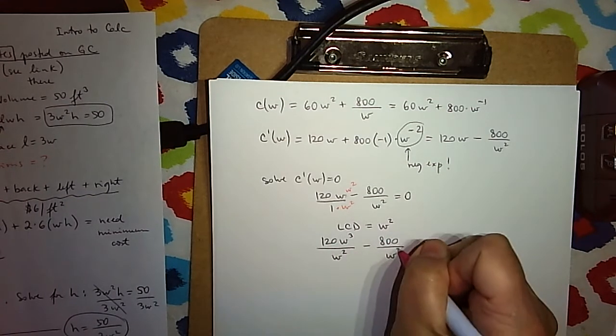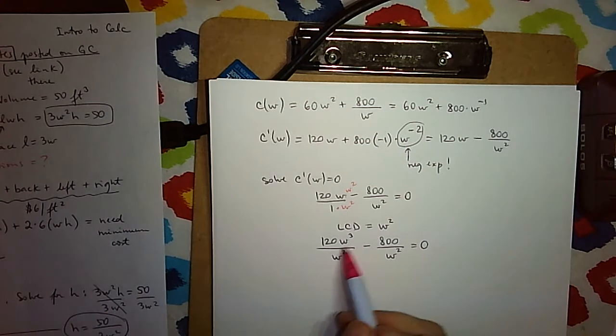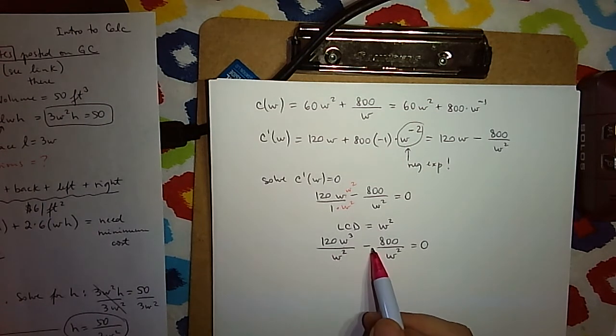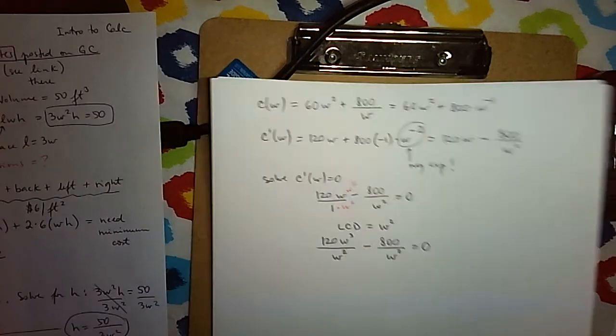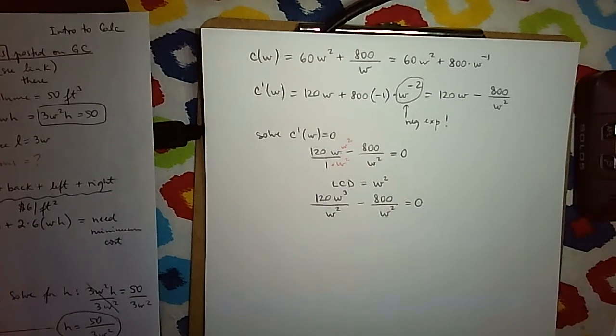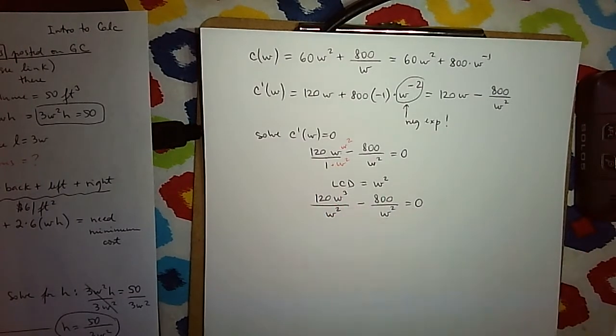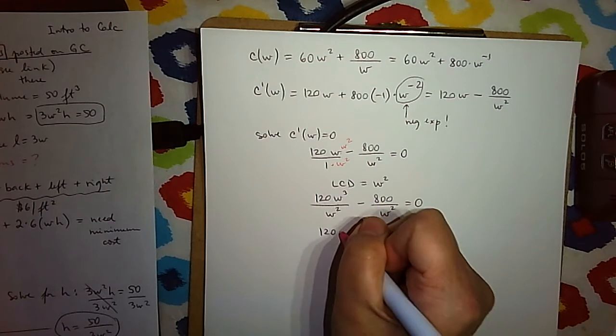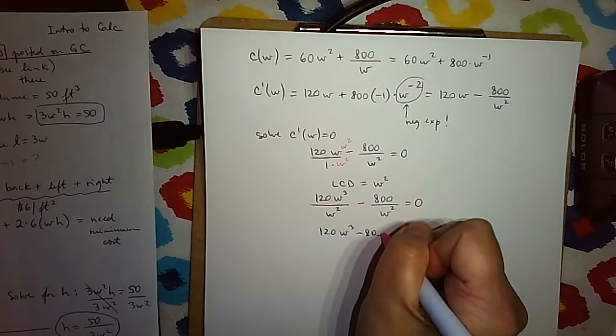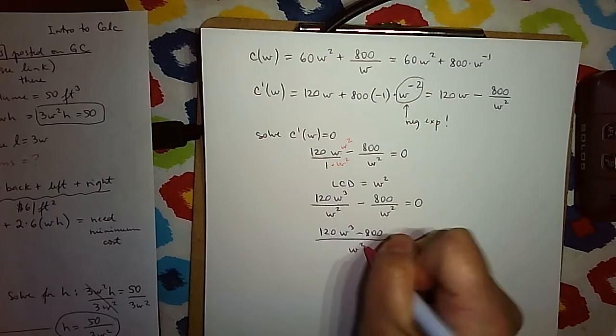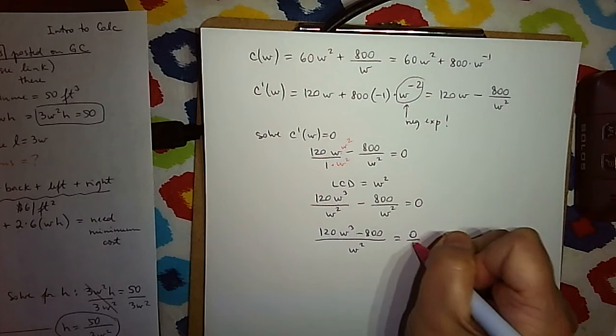Okay, so I will copy this. So this is where we arrive to 120 W to the third over W squared subtract 800 over W squared equals 0. I am not going to simplify, so this is just to get me eventually all together on the left side. I'm going to put them: 120 W to the third subtract 800 over W squared equals 0 over 1.